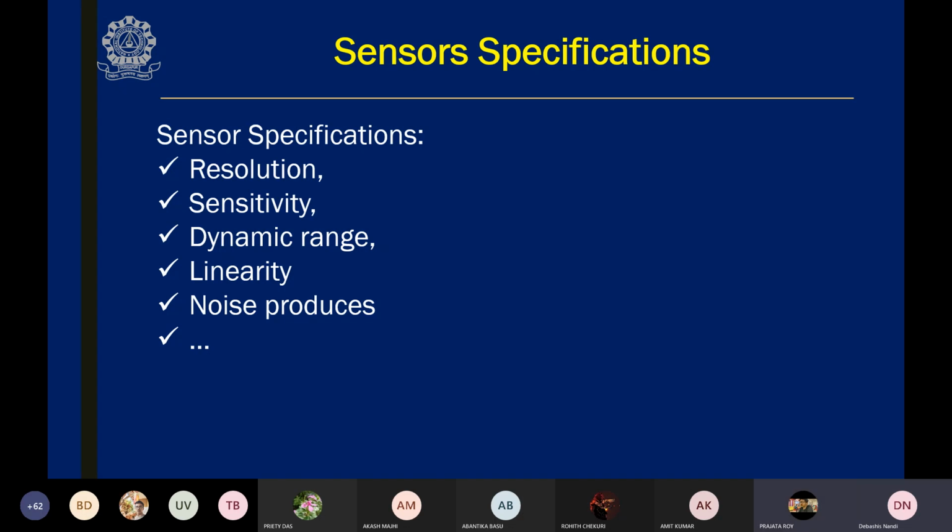So dynamic range. What is that? Dynamic range: what is the maximum value it can produce for a given input signal? It means upper range and lower range. Lower range means suppose you are giving the smallest amount of input pressure, then there should be some voltage value corresponding to that pressure in case of a pressure sensor.